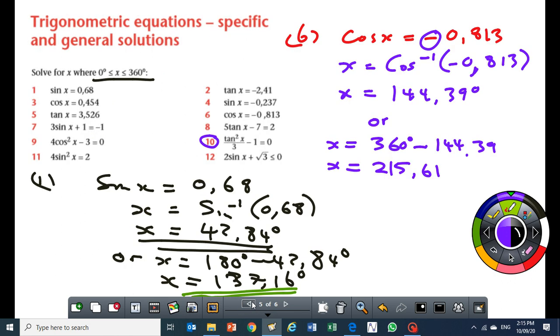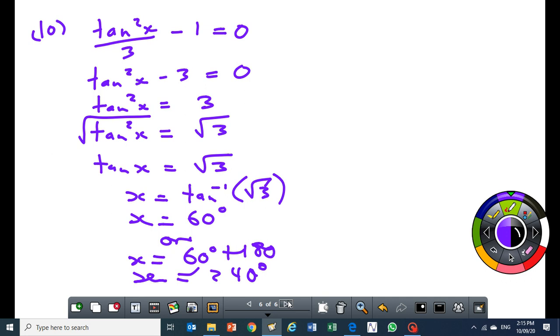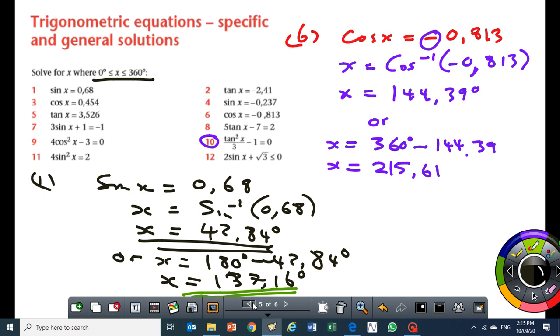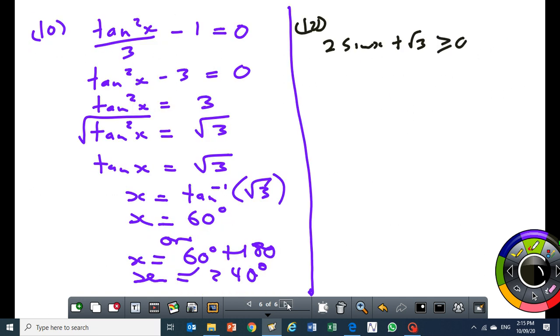So that will be my last one for today, 12. 2 sine x plus square root of 3 is less than or equal to 0. So first thing, take the square root of 3 to the right.